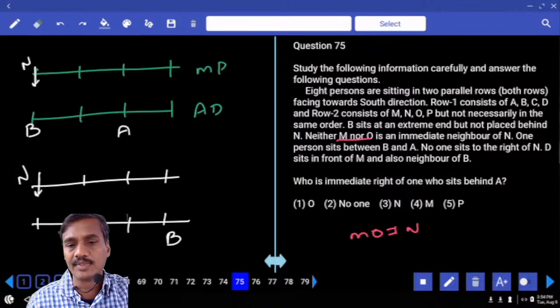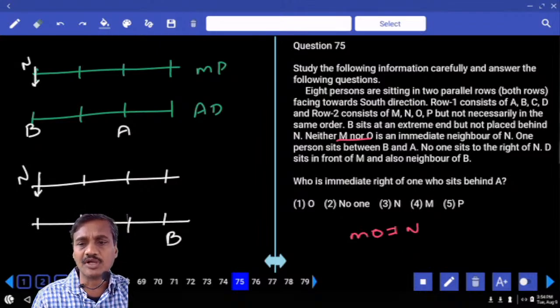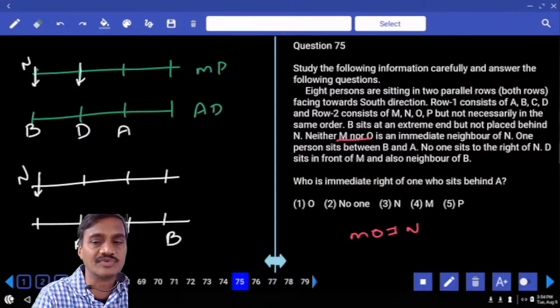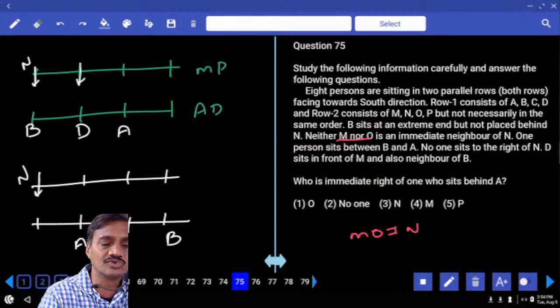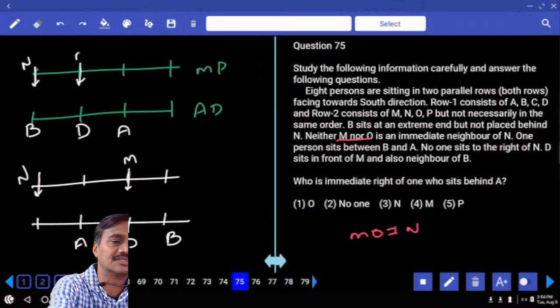N is here. D sits in front of M and is also a neighbor of B. As D is a neighbor of B, D is here. D is in front of M, so M is at this place.